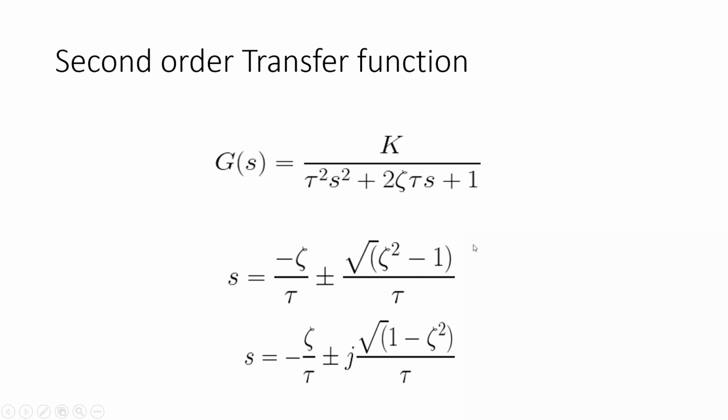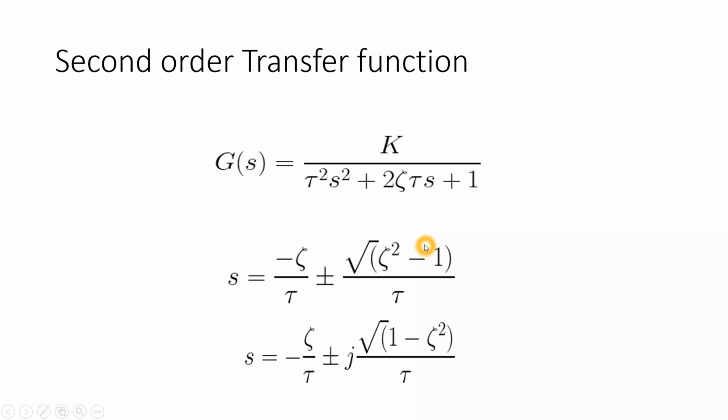So s is equal to minus zeta by tau plus minus j, where j comes from changing this to 1 minus zeta square, with an imaginary number. Why am I doing this? Remember, whenever we calculate the decay ratio or overshoot, we always calculate it for the underdamped response.